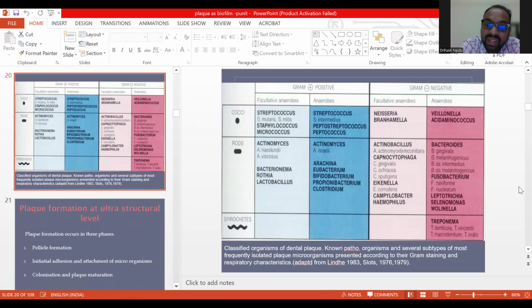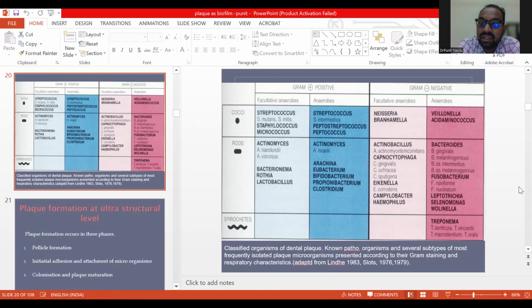These are the various organisms present in supragingival and subgingival plaque. These are gram-positive facultative anaerobes, cocci, and rods. These include Streptococcus species, and rods such as Actinomyces species, and anaerobes Streptococcus species and Actinomyces naeslundii, Actinomyces viscosus, and Actinomyces israelii.